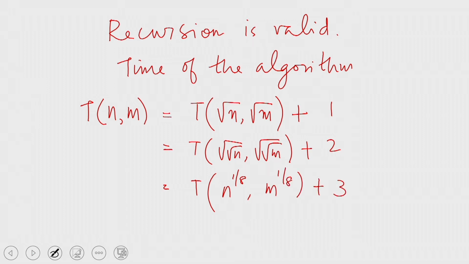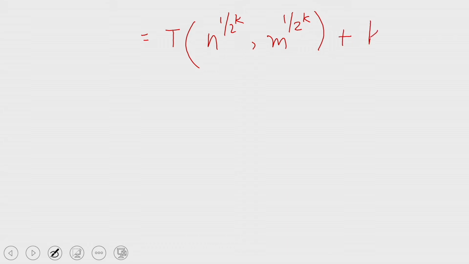So, if you continue like this, we get T of n power 1 by 2 power k, m power 1 by 2 power k, plus k. So, it is easy to see that k is order of log log n.